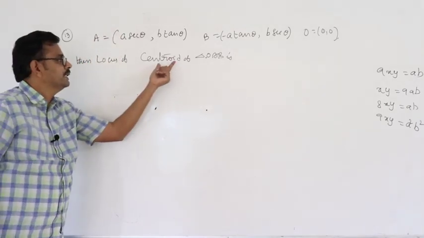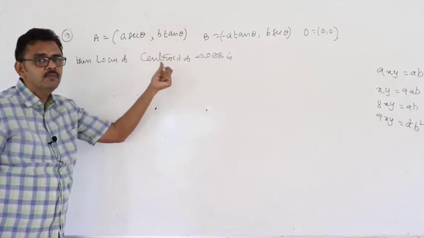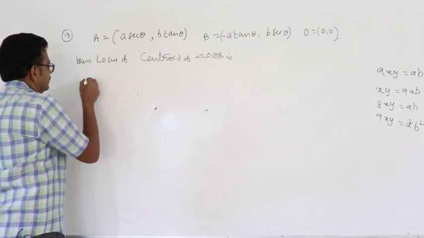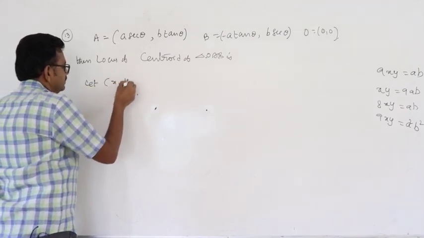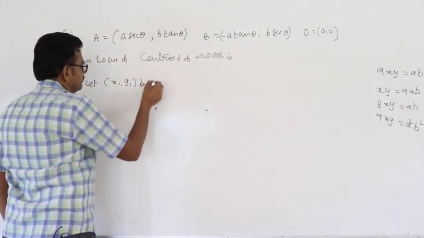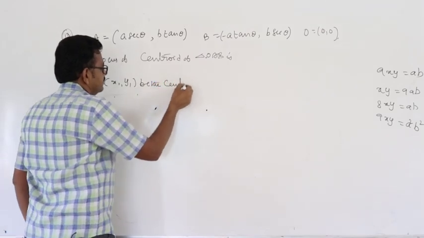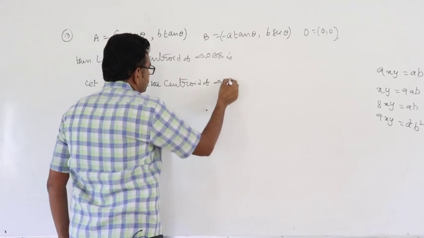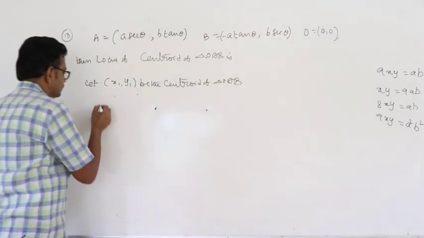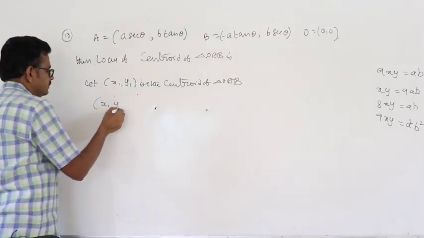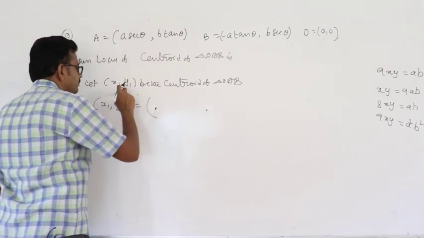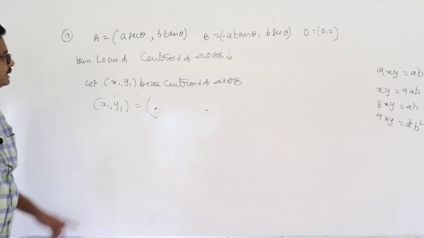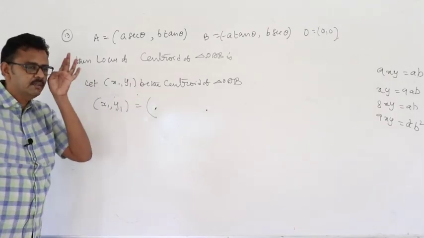Let x1, y1 be the centroid of triangle OAB, or simply you can take x comma y, it doesn't matter.